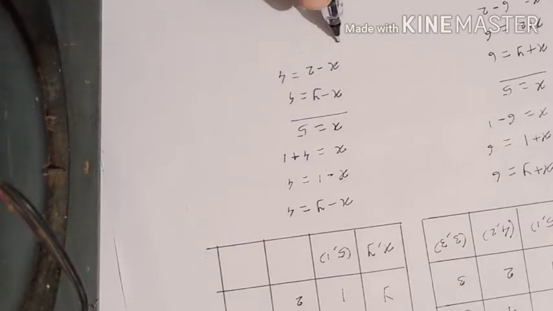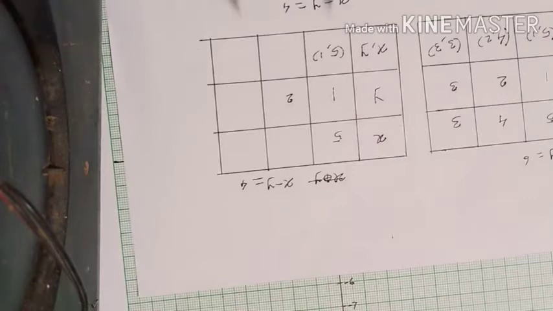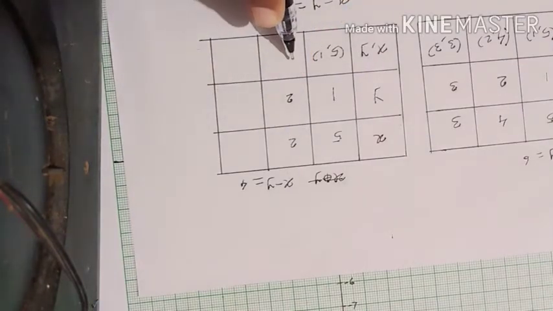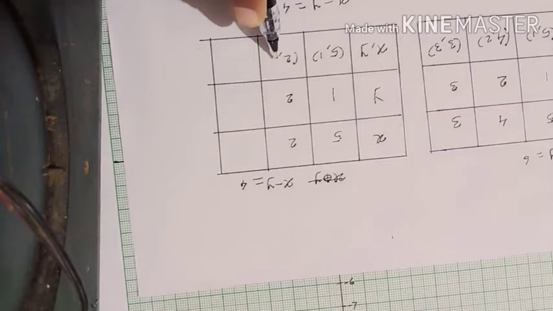Now, x is equal to 4 minus 2. Therefore, x is equal to 2. Then I will write the value of x in the second box, that is 2 here. And the coefficient of that point is 2, 2.